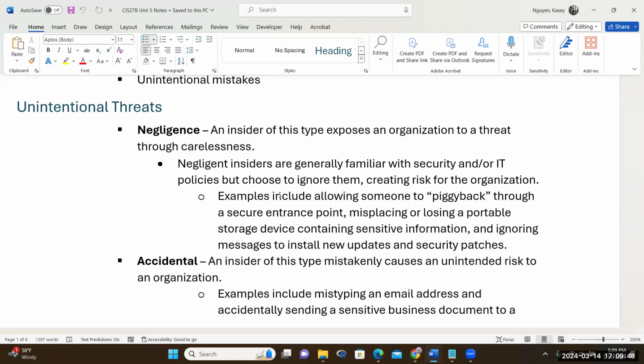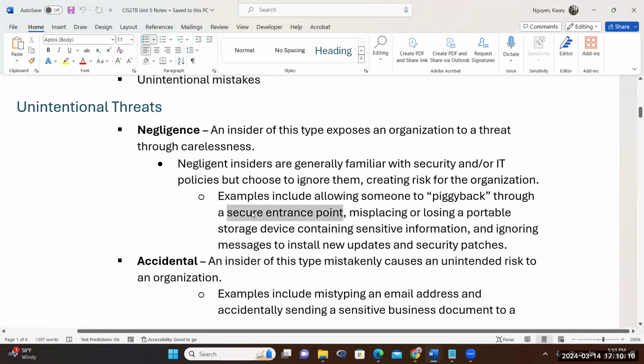Okay. So companies would tend to have policies to deal with these two areas. Negligence is when they expose organization information because they are careless. So the example would be like they would allow someone to enter right through and bypass security measures because they're negligent.